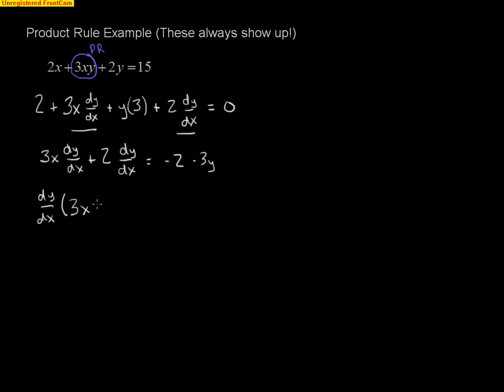I got 3x plus 2 equals a negative 2 minus 3y, and then my last step is just divide. So my derivative, dy dx, is equal to negative 2 minus 3y all over 3x plus 2. Okay, so again, one step of calculus right here at the beginning, and then the rest of it's algebra from there. So let's keep going here.